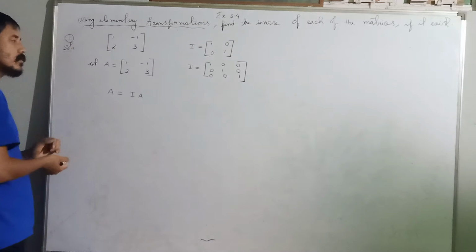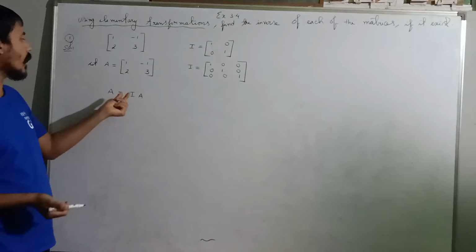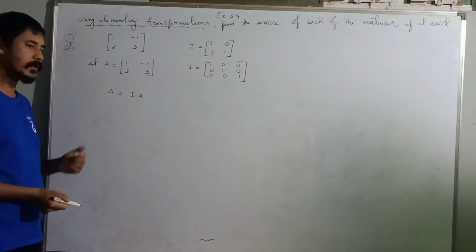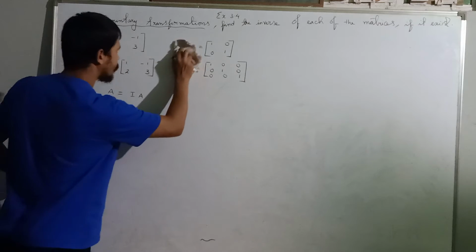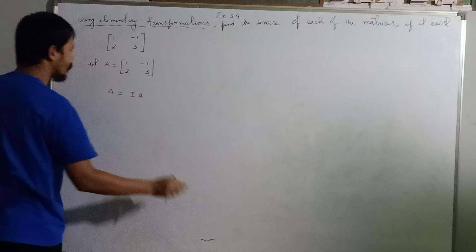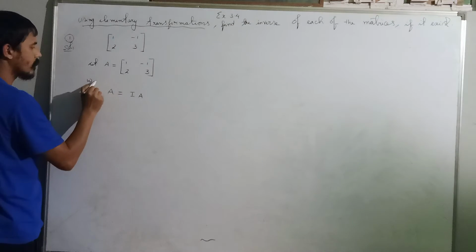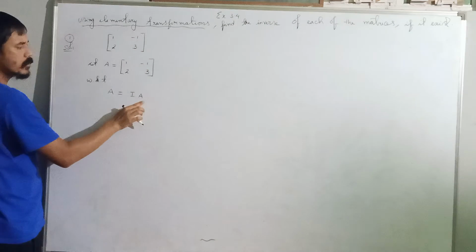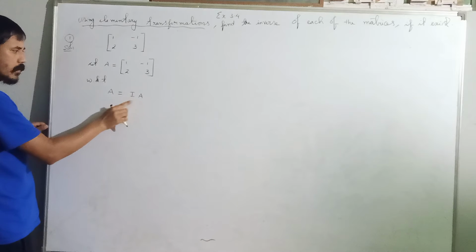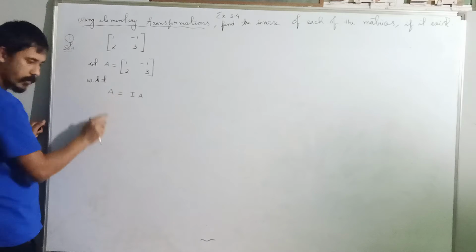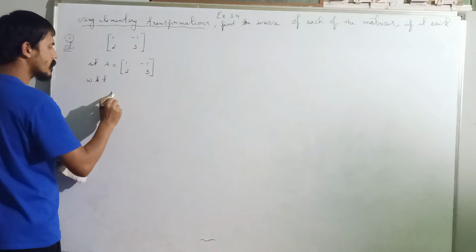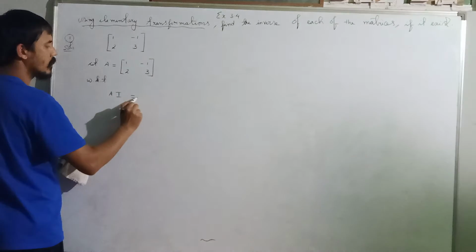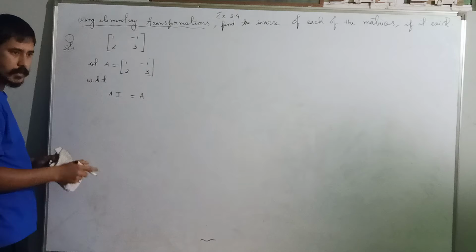So any matrix multiplied with the identity matrix gives you that matrix itself. So here, we know that any matrix multiplied with its identity can give you A, right? Or you can write it this way. You can write in many ways.